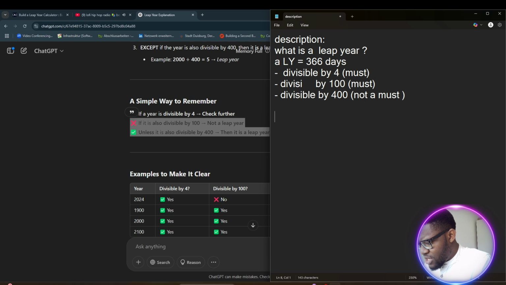So if, divisible by 100. Let's see. 100 is divisible by 100.